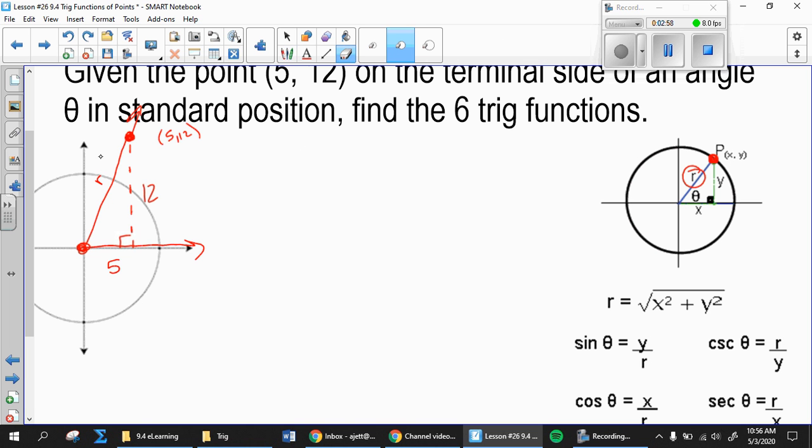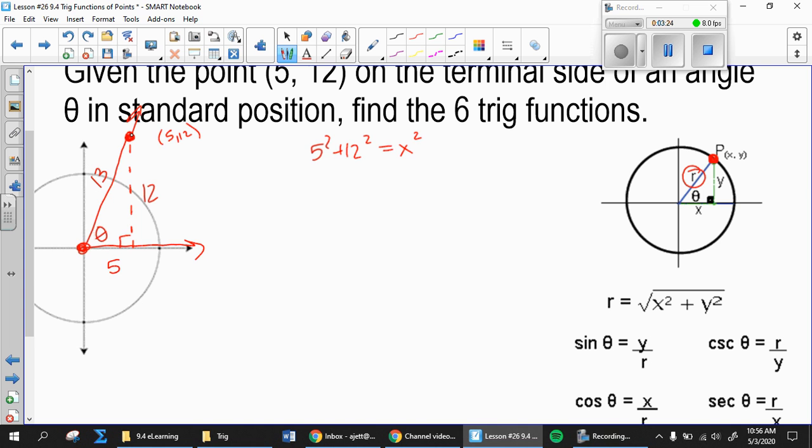So that's the first thing I'm going to do. I'm going to use our Pythagorean theorem to find that missing side. But when you do that, you should figure out that this is 25 plus 144 is 169, which is 13. And so we have this angle right here, theta, that we drew by using this point 5, 12.